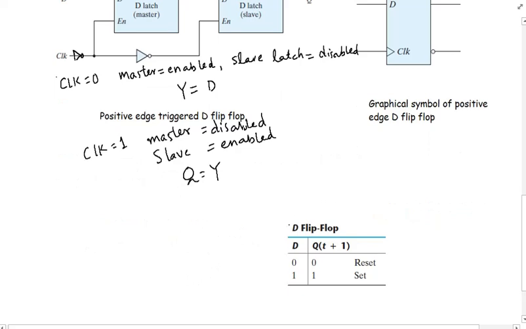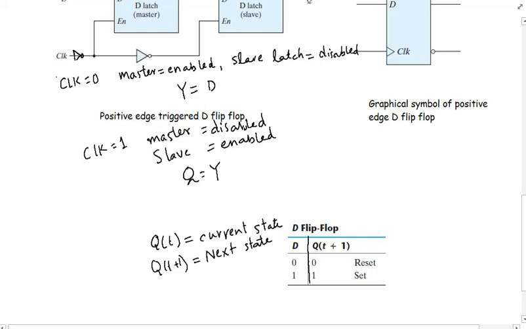So finally, we can see the characteristic table of a D flip-flop. Keep in mind that Q(t) is the current state of the flip-flop, while Q(t+1) is the next state of the flip-flop. So between these, at the other side, there is a change in the clock pulse. So it means that the flip-flop is triggered after this interval.